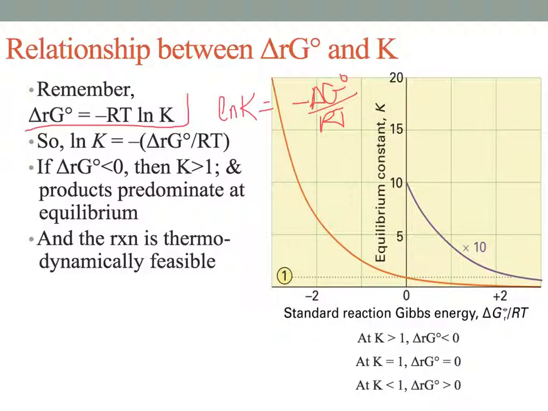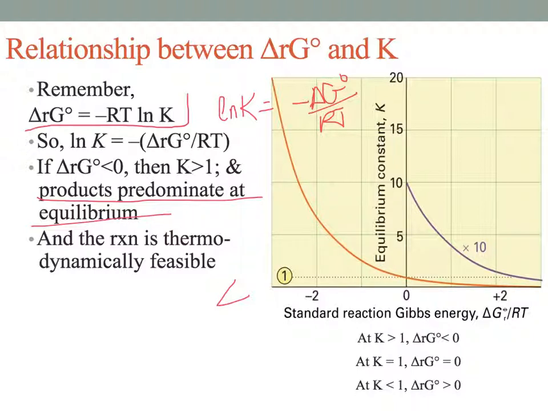And that makes sense because when delta G naught is less than 0, the equilibrium constant is greater than 1. So therefore, you should get a lot of products at equilibrium. You should have more products than reactants, and the reaction should be thermodynamically feasible.